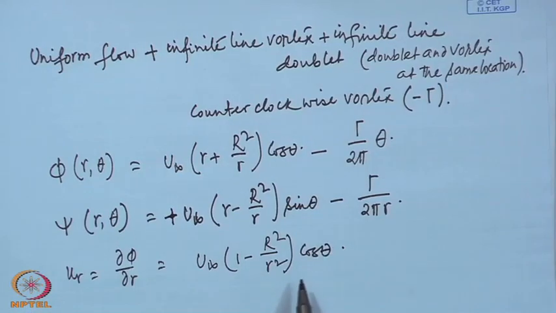And obviously, it remains that at r equal to r, this is 0. That means it still remains flow about a circular cylinder of the same radius. That addition of a point vortex at the center does not change it, it still remains flow about a circular cylinder of radius r.